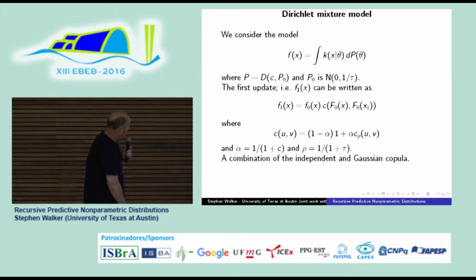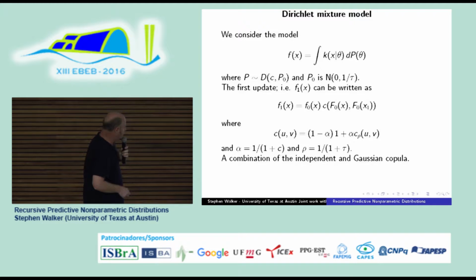So what's crucial to us to try and get an understanding of what's going on is to look at the first update from F0(x) to this F1(x). And that is not difficult to find. I can find exactly what this copula is.